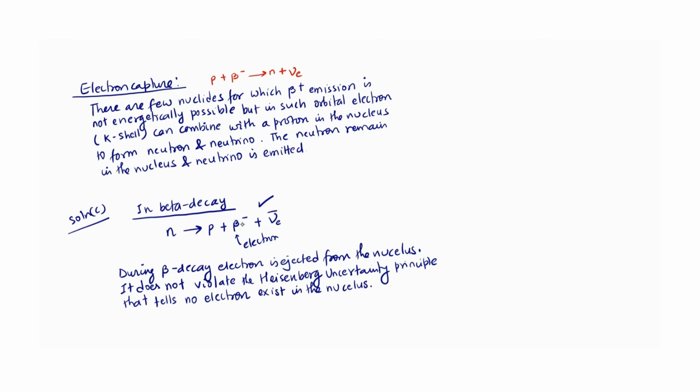We can see electron is emitted in this decay process, so it seems that electron is ejected from the nucleus.